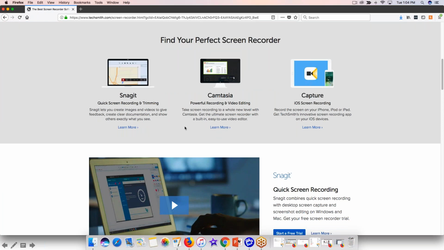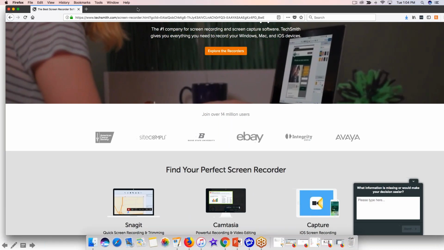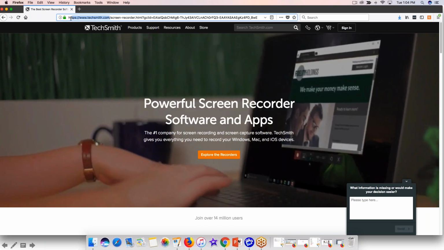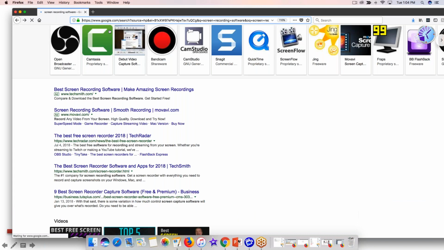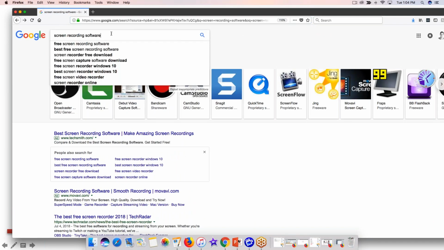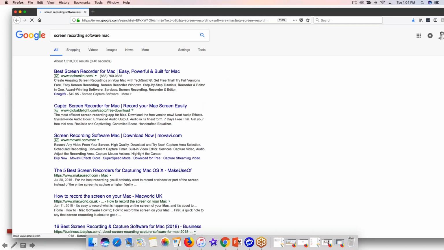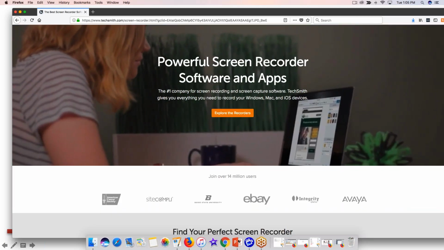Here's where I'm going with this, Marlene: as long as you can record your screen, you can use any webinar platform, even a free one. Camtasia is one I've used in the past, at techsmith.com. You can search for screen recording software for Mac. TechSmith comes up again, with Mac and Windows versions.